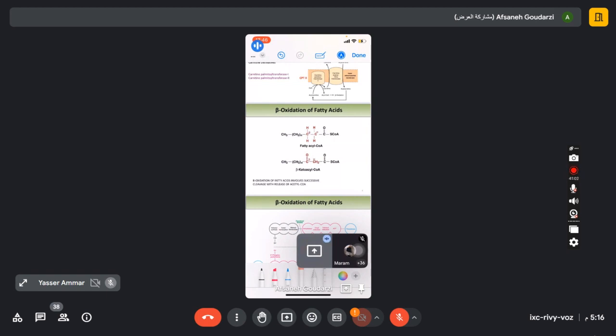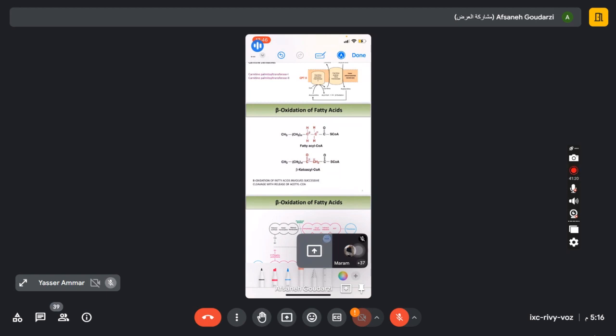So we should keep in mind whether the fatty acid has an odd number of carbon or not, and whether it has a double bond or not, because we have saturated fatty acids and unsaturated fatty acids. But for you, I am going to talk only about saturated fatty acids, okay?